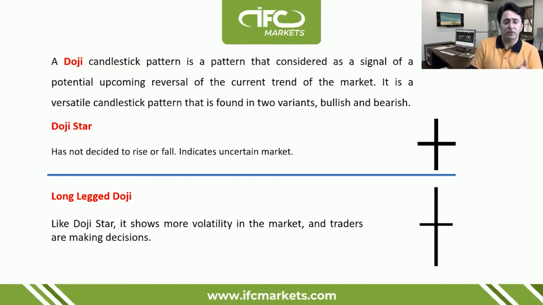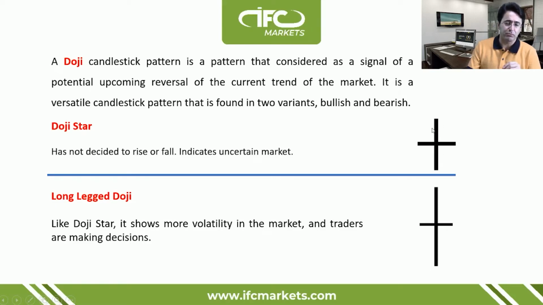When the price doesn't know whether to go higher or lower, it's an uncertain market. In the doji, when you can see this line, it means that the opening and closing price is here. If you connect the higher point and lower point, the open and close price is at the same level, almost at the center.